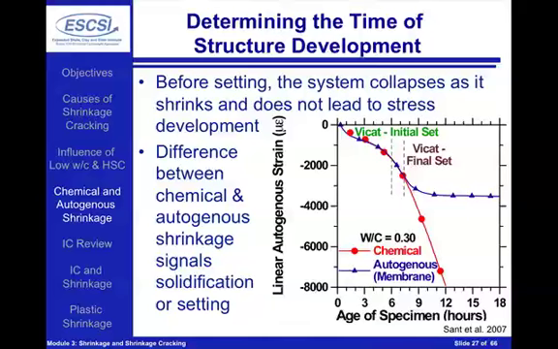So if we start out at the beginning, what we can see is we've mixed our water and our cement together, and as our cement starts to react, we start seeing this chemical shrinkage. This chemical shrinkage essentially starts to cause the system to want to shrink overall, and we want to start to measure the external volume change, and the external volume change is going to be exactly identical to the chemical shrinkage that's taking place in the system, because since it's a fluid, the system just keeps collapsing upon itself.